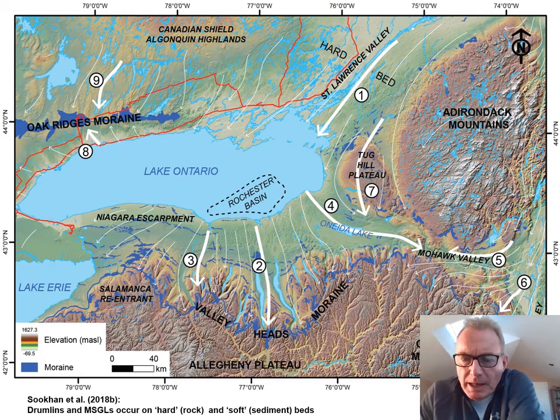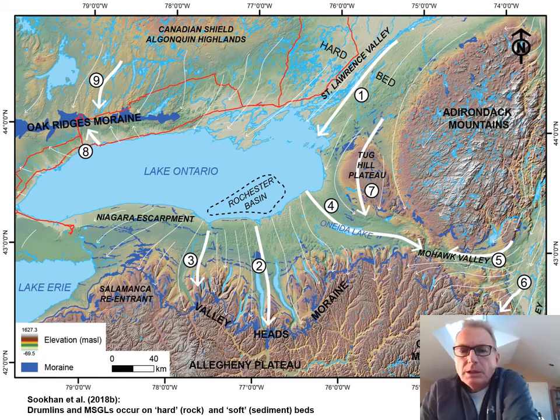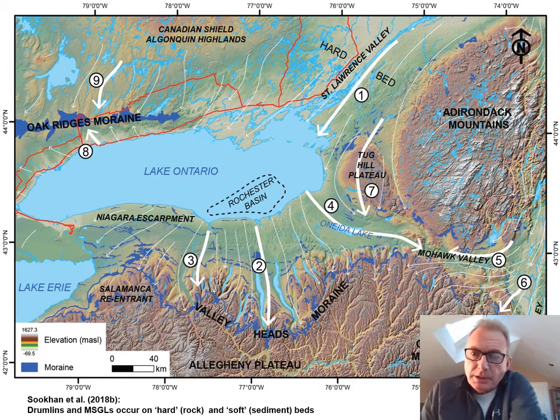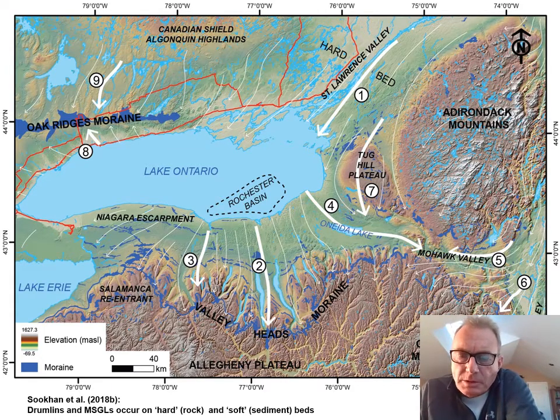We've extended that mapping as LiDAR data comes in. We're now going down into New York, and the white arrows on here are major ice streams that we've identified. And again, it's all on the basis of these mega scale glacial lineations, and the story here is again one of topographic confinement.